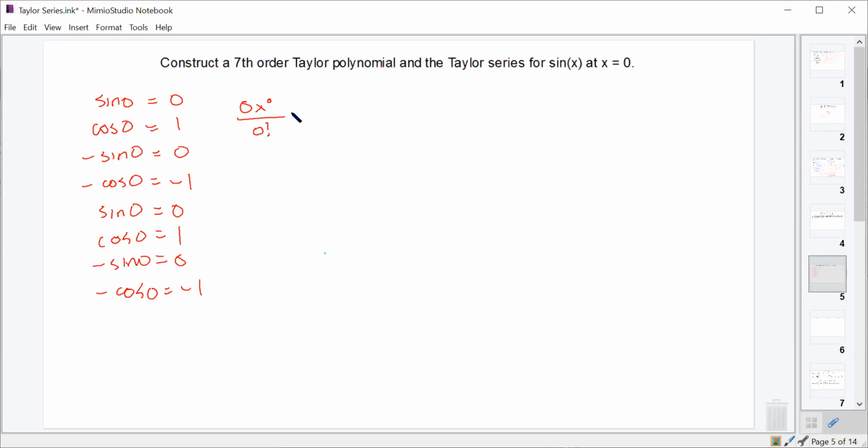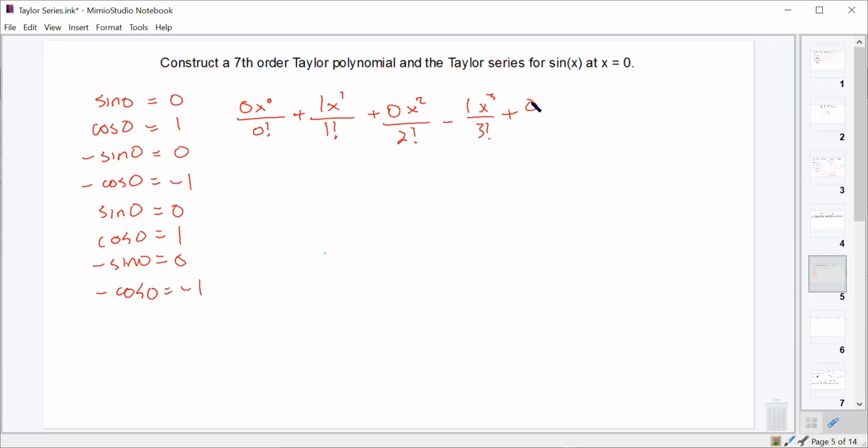Right, so that term is 0. The next one should be plus 1 x to the first over 1 factorial. The next term should be plus 0 x to the second over 2 factorial. The next term should be minus 1 x to the third over 3 factorial.